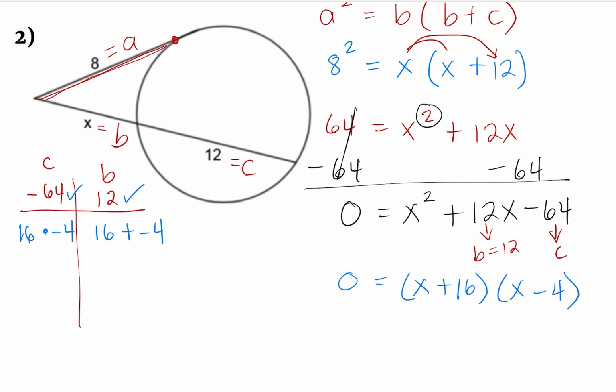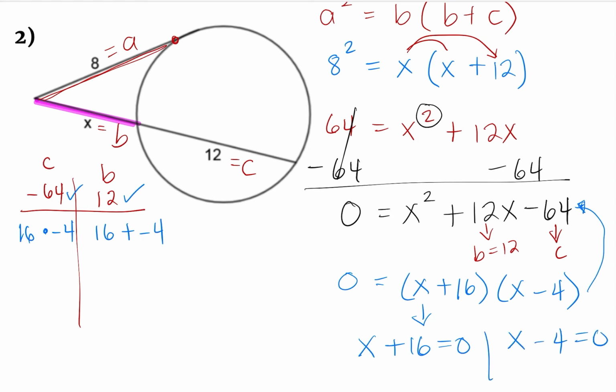If we are going to double check, multiply this using FOIL, distributive property, or box method, it should go back to the original polynomial that we got. And isolating x, because we're finding the distance outside the circle, this part of the line of the secant. So isolating x, that should be x plus 16 equals 0, and then x minus 4 equals 0.